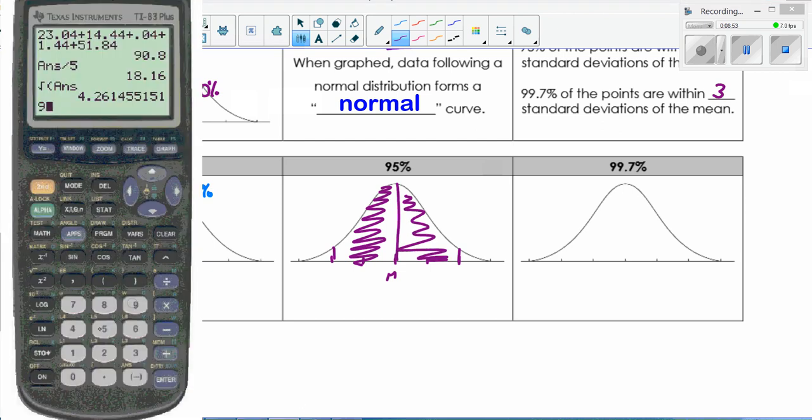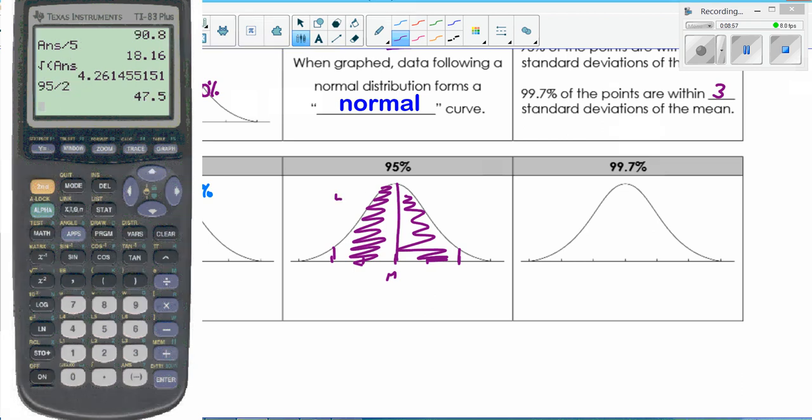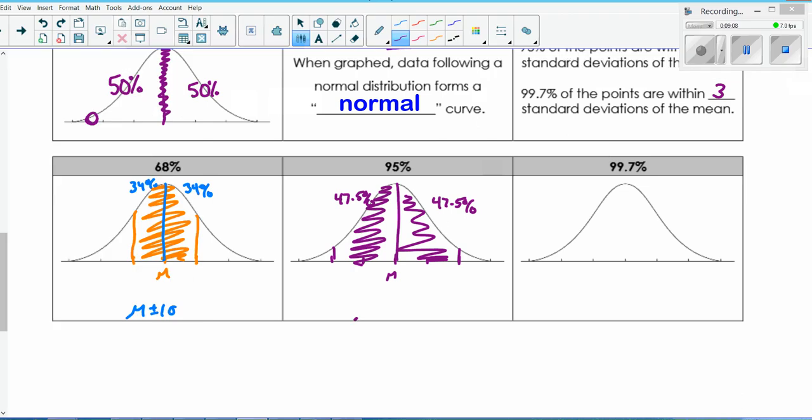Okay, so if I take 95 and divide it by 2, I get that 47.5% of my data points land here, and then the other 47.5% land above my mean. Okay, so this would be your mean plus or minus 2 standard deviations. So that's 95% of your data. That's almost all your data. You can see it's just this little bit that's left here and then here.